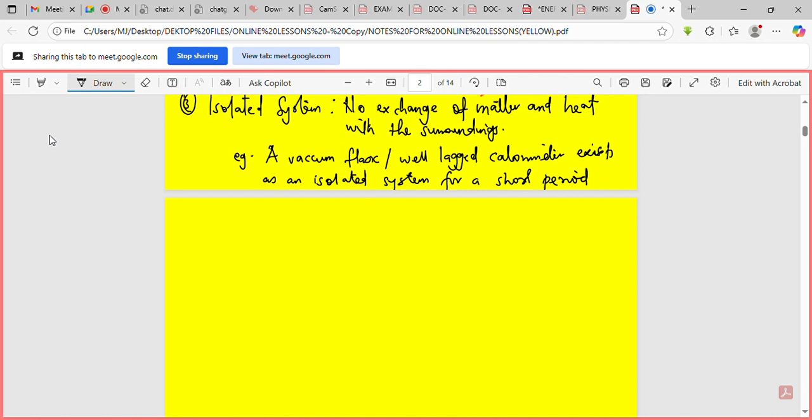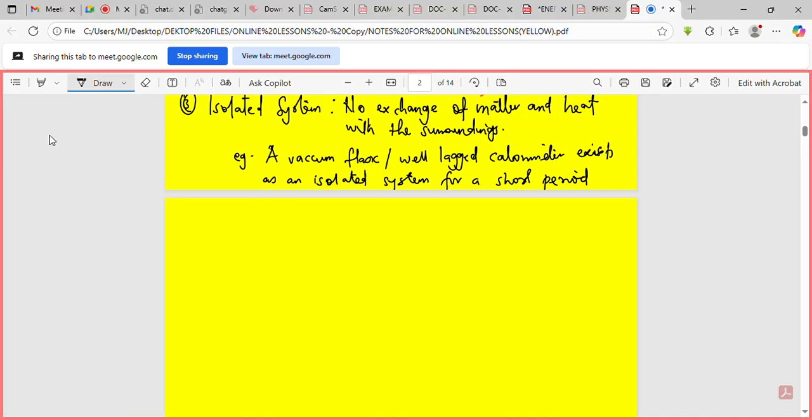But it exists that way for a short period, because after some time, definitely heat will be lost with the surroundings. So a vacuum flask is an isolated system for a short period.